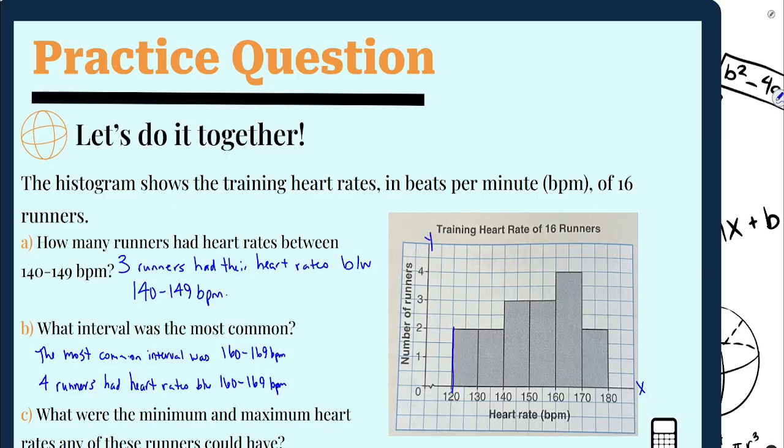If there was anyone lower, they probably wouldn't have had that break, or they would have started it at 110 and had a bar there. But because the first piece of information starts here at 120 beats per minute, we know that the minimum is 120 beats per minute.